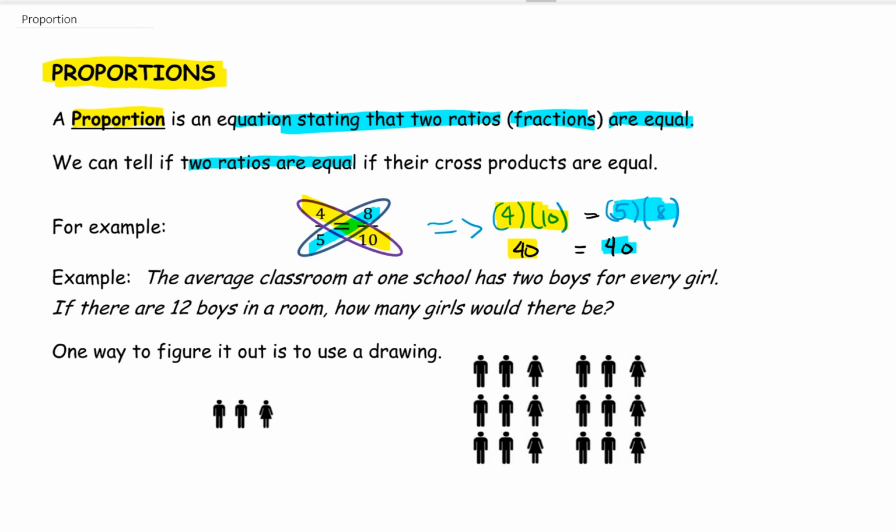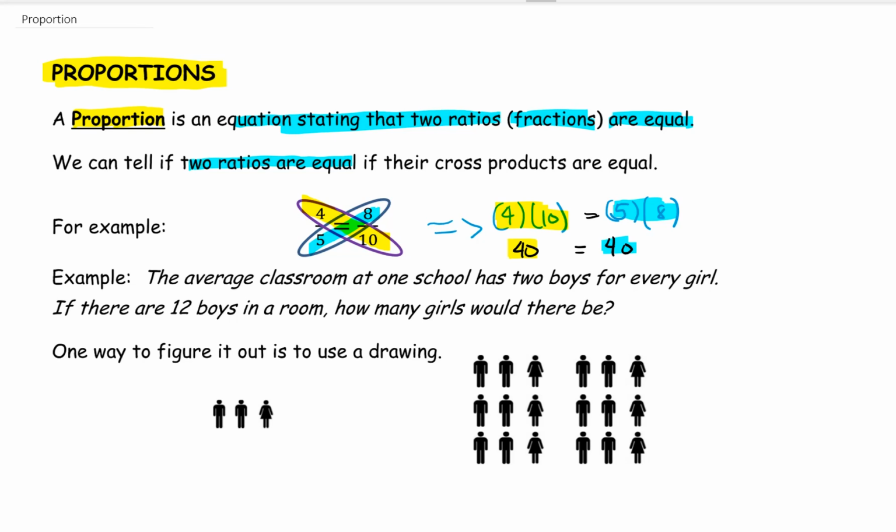But in certain questions, let's say one of the numbers would be an unknown. So you don't know the particular number. Well, as long as the two ratios are equal, we can make use of their proportion to solve that unknown number. So let's take this example here.